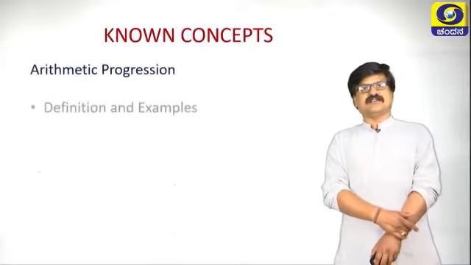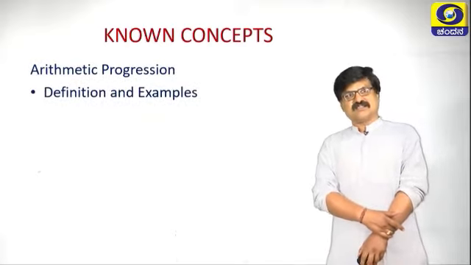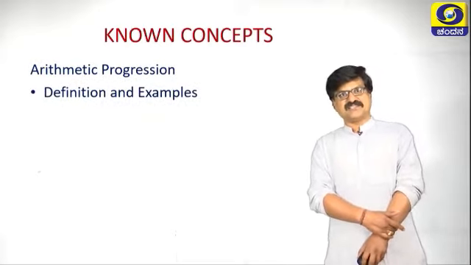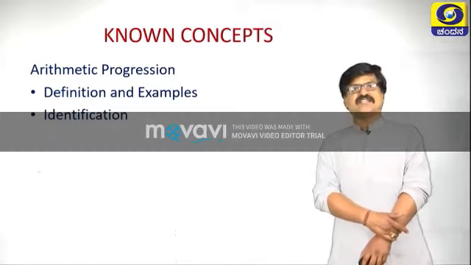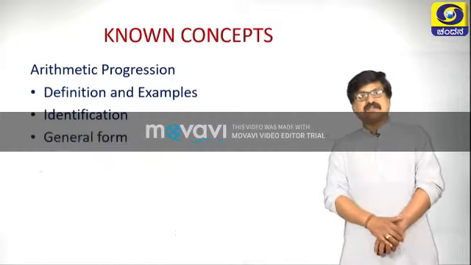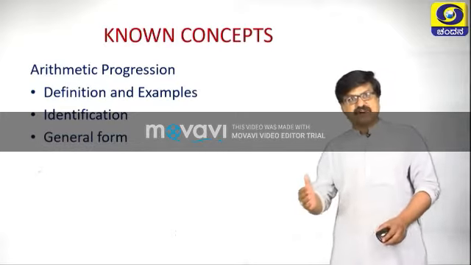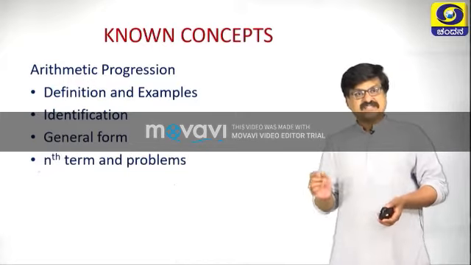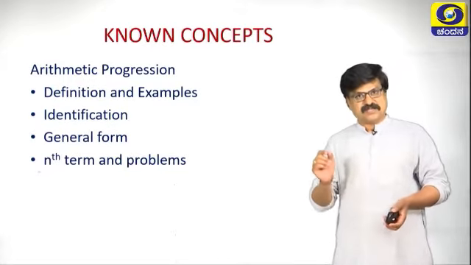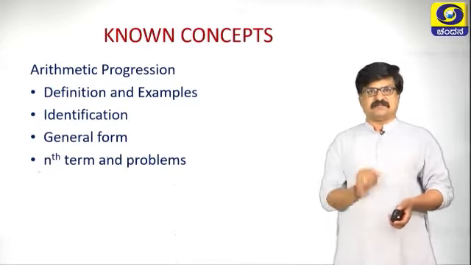I think in this chapter we have discussed arithmetic progression definition and examples, identification of arithmetic progression, how to write the general form of arithmetic progression, and also what is the nth term of AP and also problems based on AP.